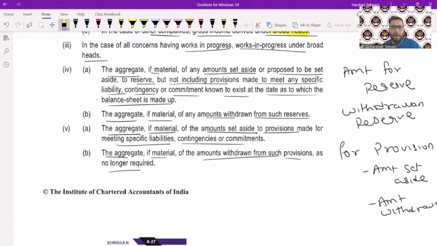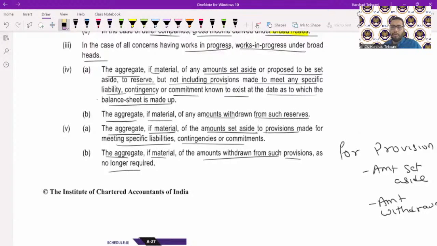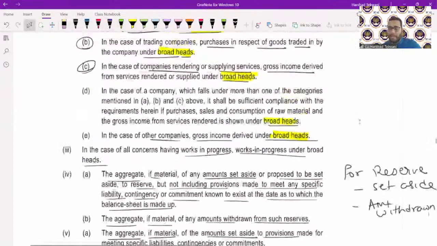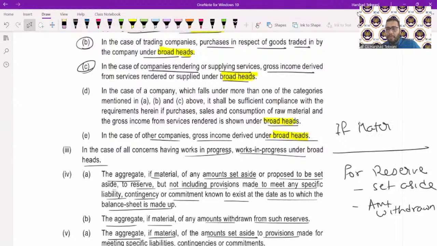Same way it will be for reserve, set aside and amount withdrawn. I need to disclose separately if in aggregate it is material. If material, then only, otherwise not.